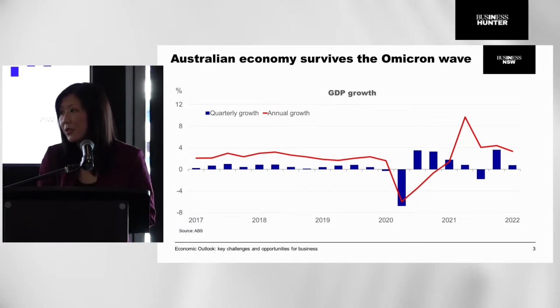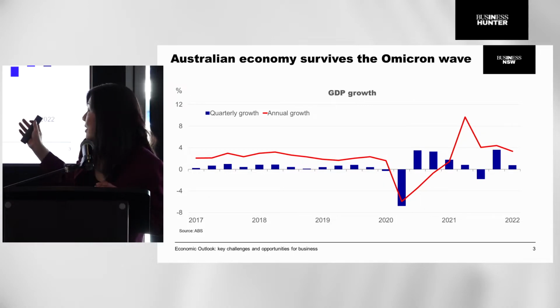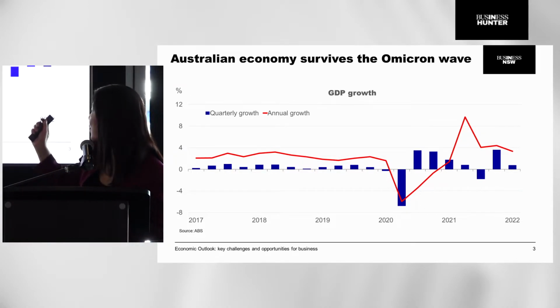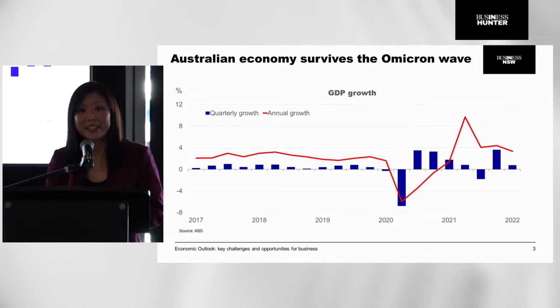The pandemic has introduced a lot of volatility to our economy. As you can see, there were sharp declines in the June quarter of 2020 and the September quarter of 2021. And I'm very sure all of you know the reason why. They were the periods when we had our lockdowns and when we had our trading restrictions.